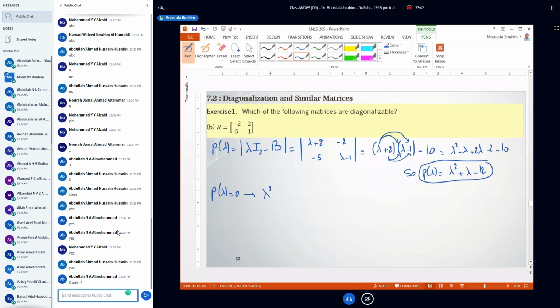So lambda squared plus lambda minus 12 equals 0. So lambda 1 equals 3, lambda 2 equals minus 4.